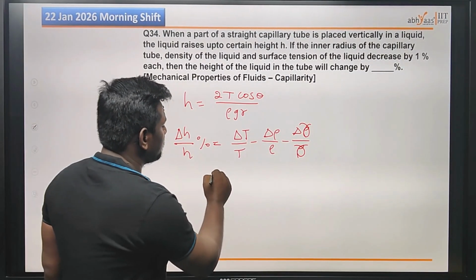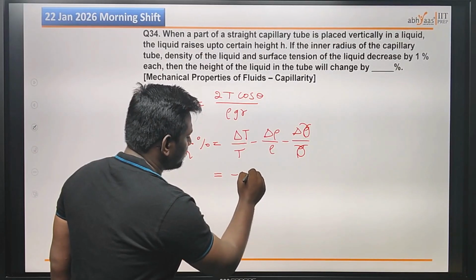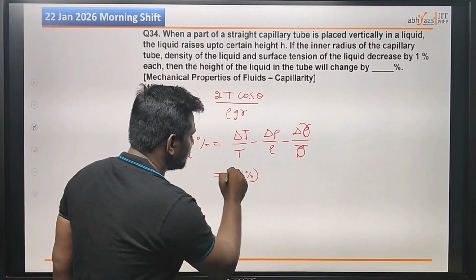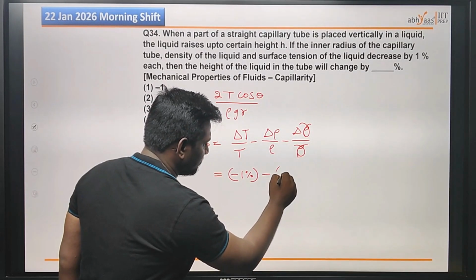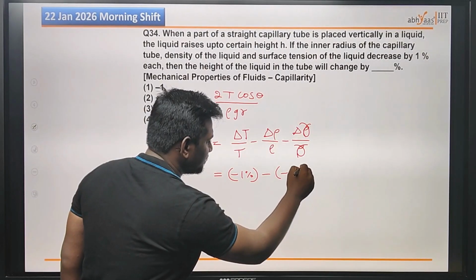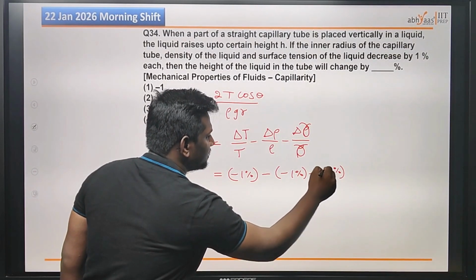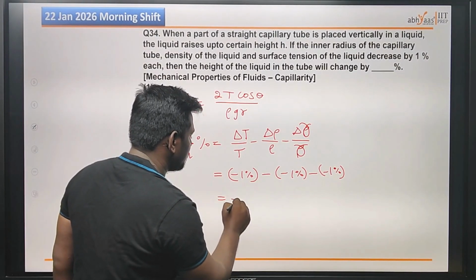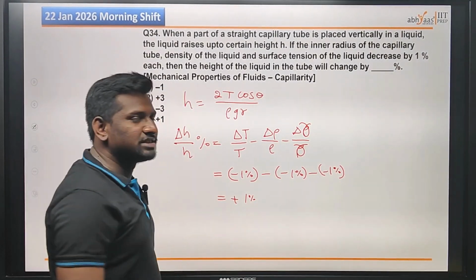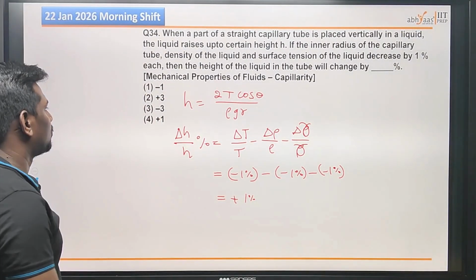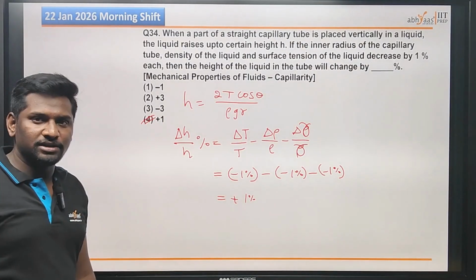So I am writing here, equal to minus 1% decreased, minus of minus 1% decreased, and minus 1%. So you will get plus 1% as the change in height. So option 4 is the right answer.